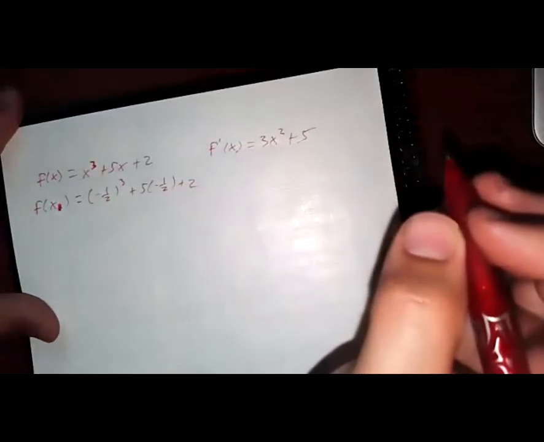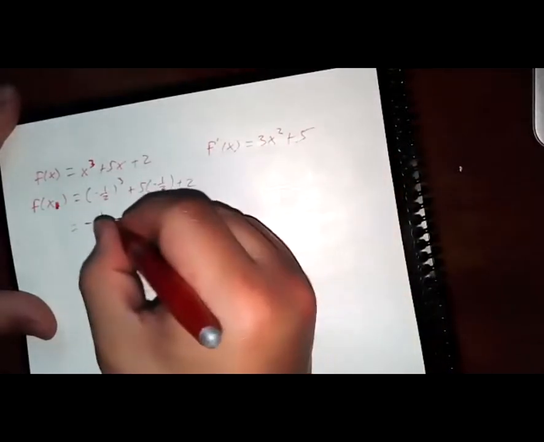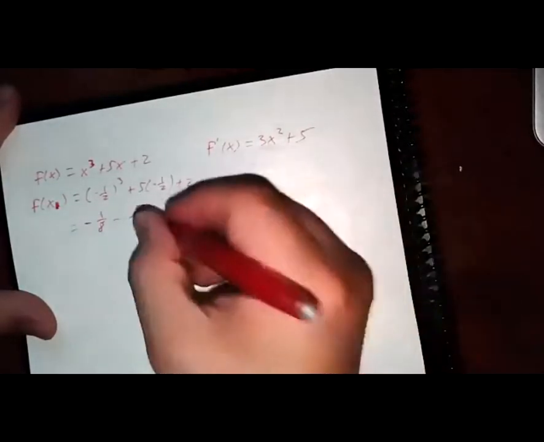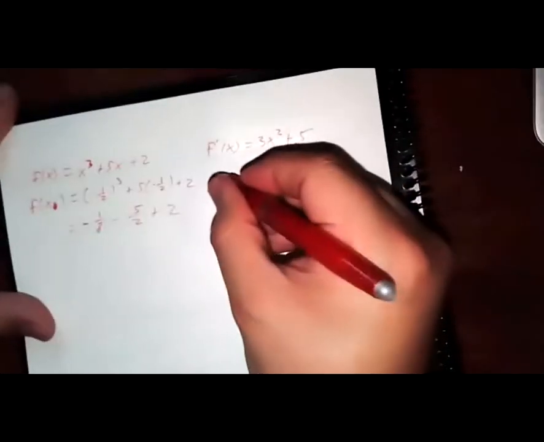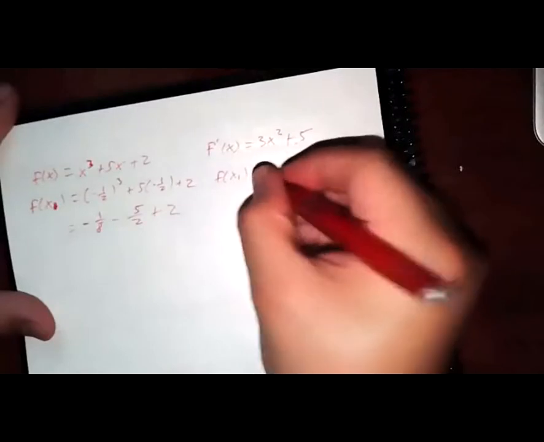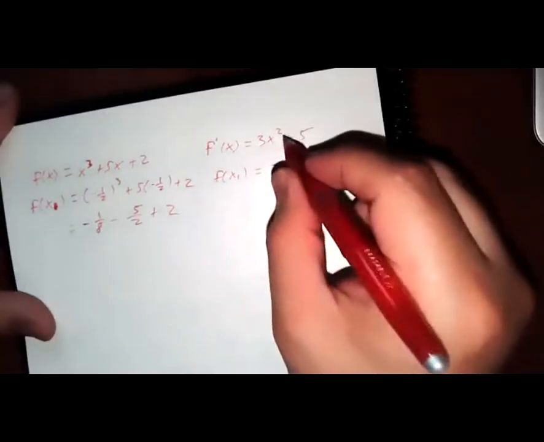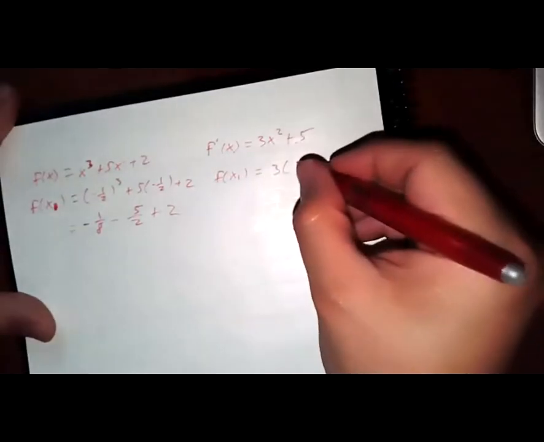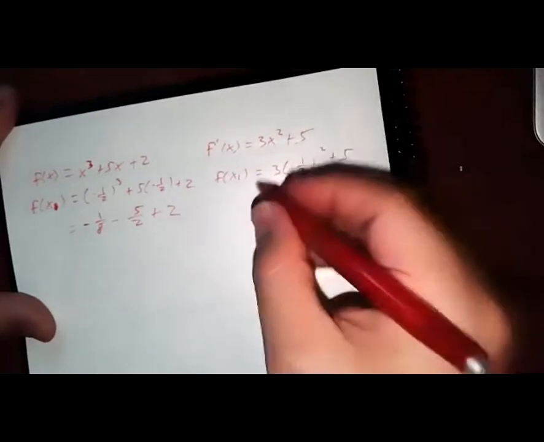So there's the function at that value. -1/2 cubed would be -1/8 minus 5/2 plus 2. What is that going to be? The derivative at x1 will be negative half squared times 3 plus 5.